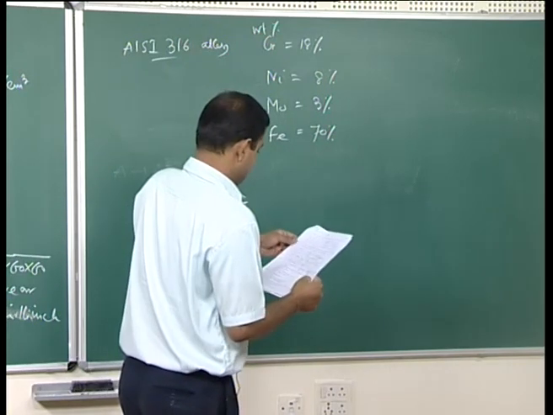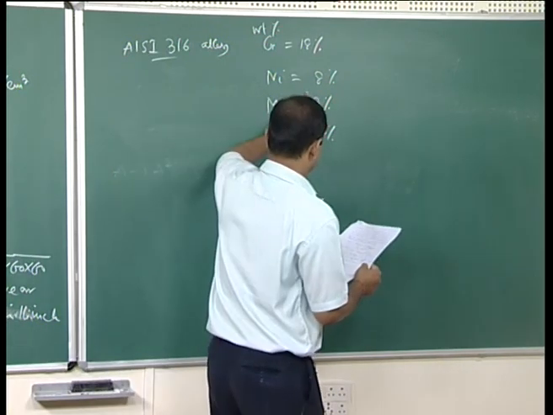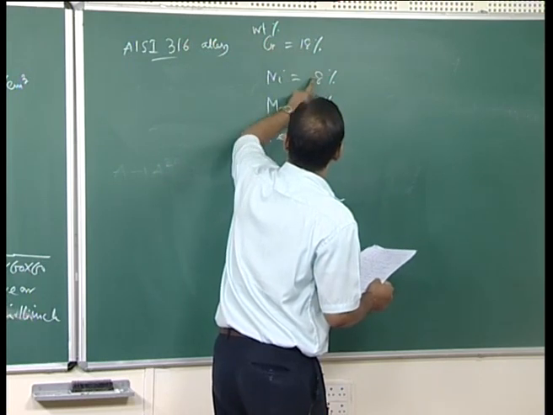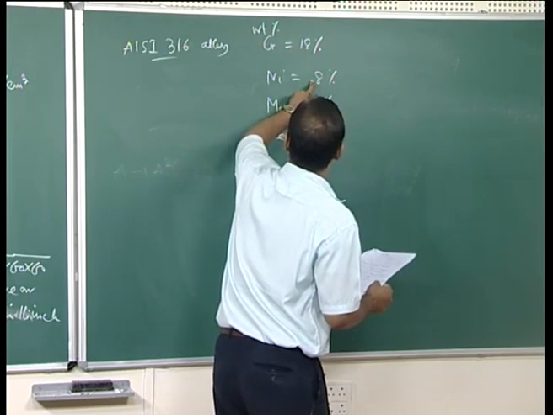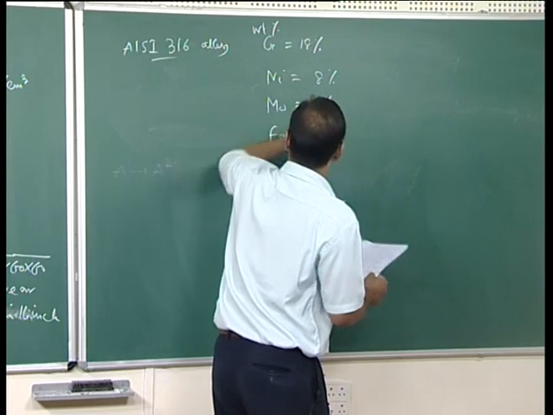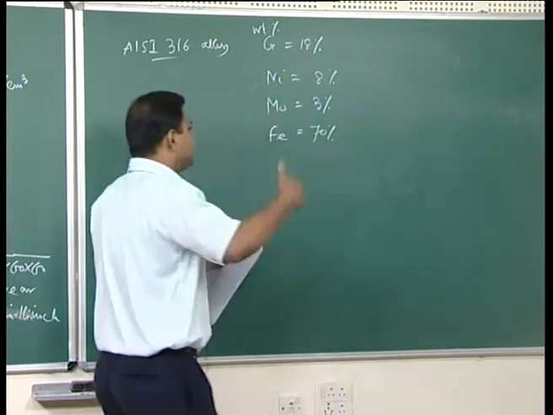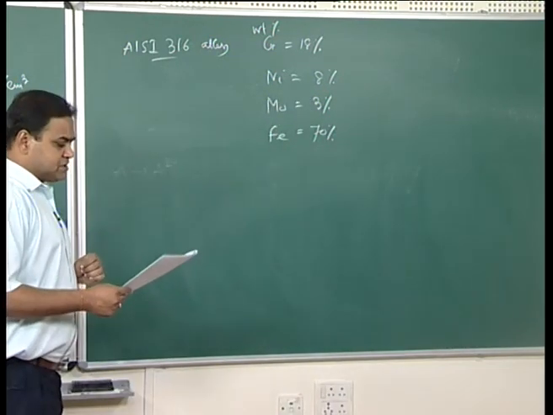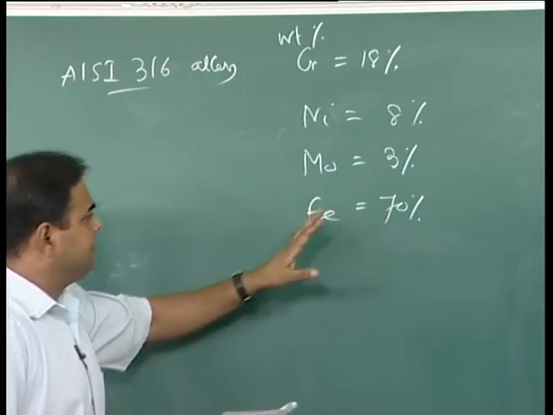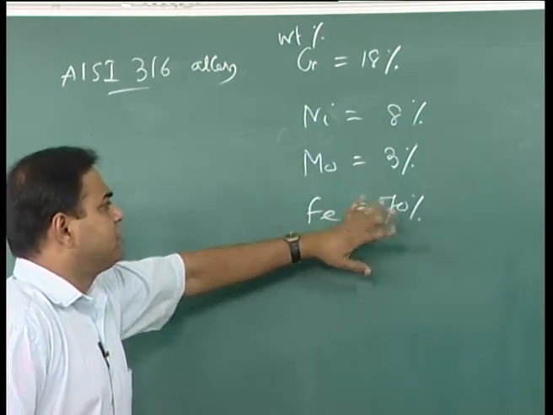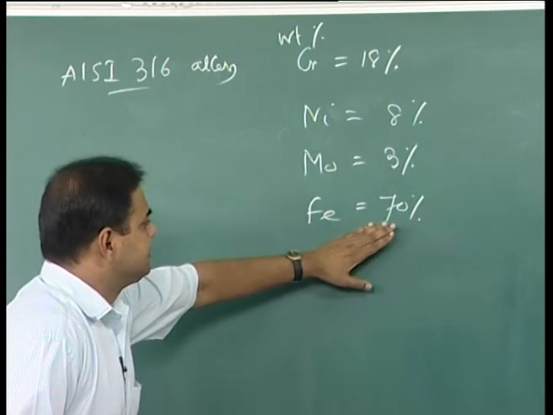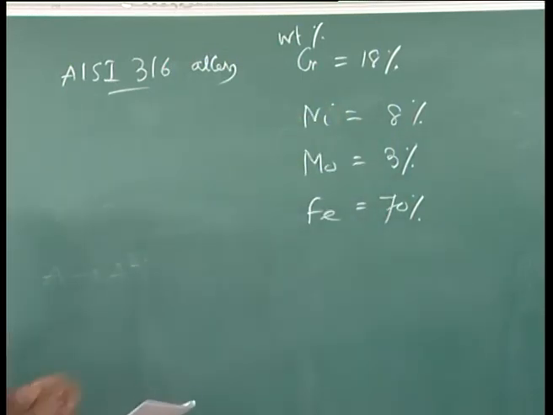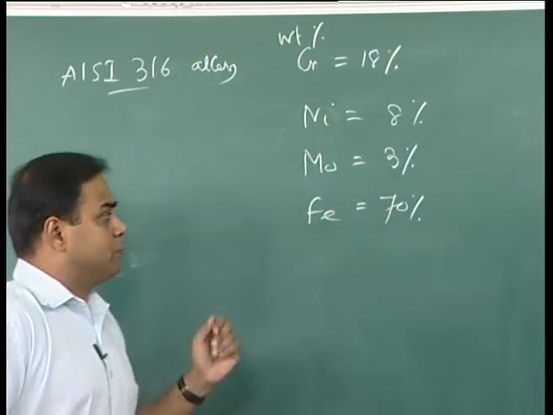Let me calculate: 18 plus 8 is 26, plus 3 is 29. And 1% could be some impurity elements, but that will not be very crucial for the overall calculation. Let me take this as my overall composition. You can also put it as 71%, no problem with that.